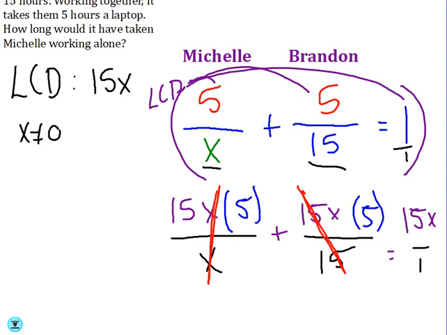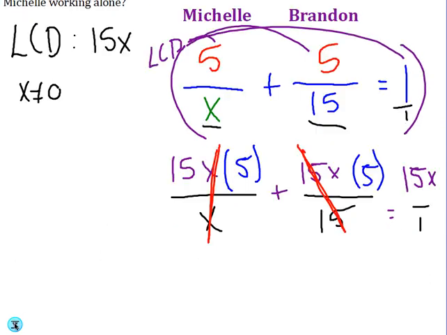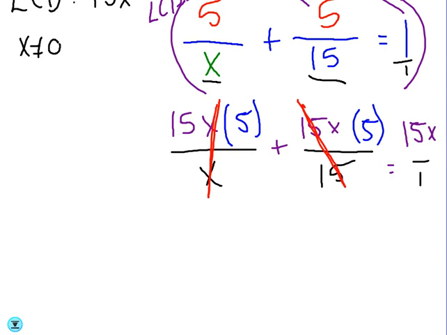So now we can go through and look at our numerators and see what we have here. So 15 times 5 is going to give us 75, plus x times 5 is 5x, is equal to 15x.